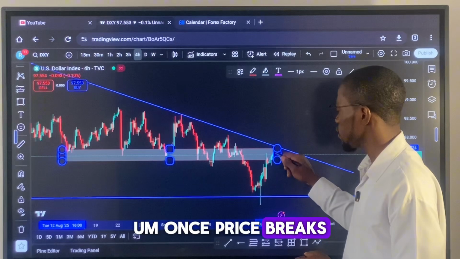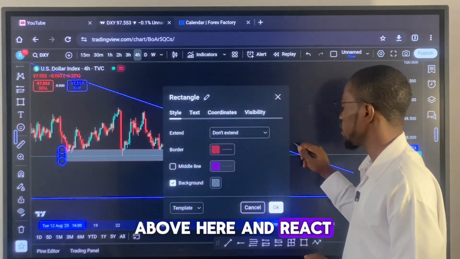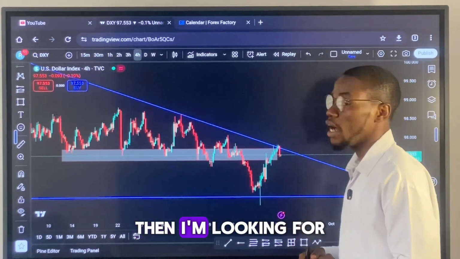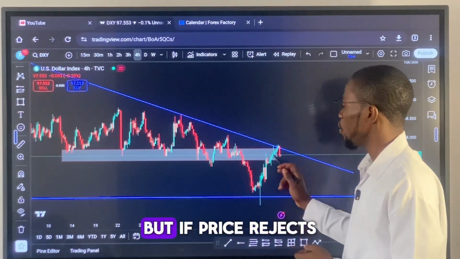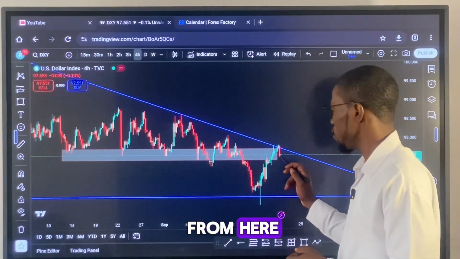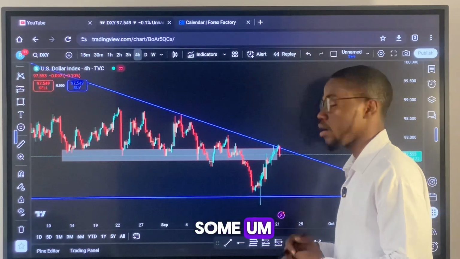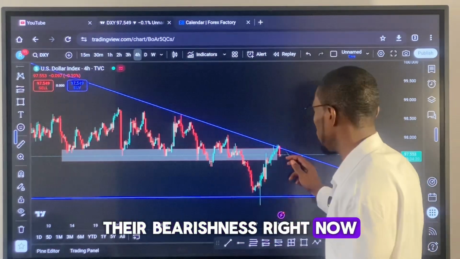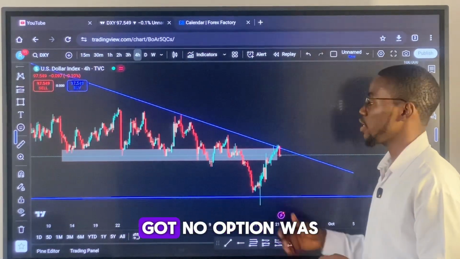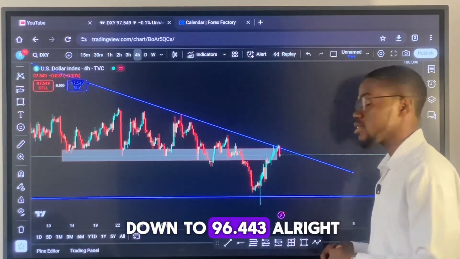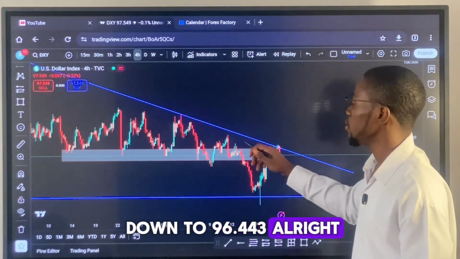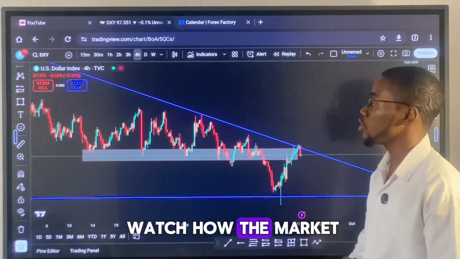Once price breaks above here and retests this level, then I'm looking for bullishness in the dollar. But if price rejects from here, like we are seeing some bearishness right now in this candle, then we've got no option but to continue selling down to 96.443. So we watch what the market does and react.